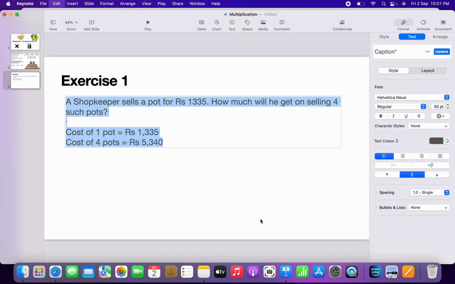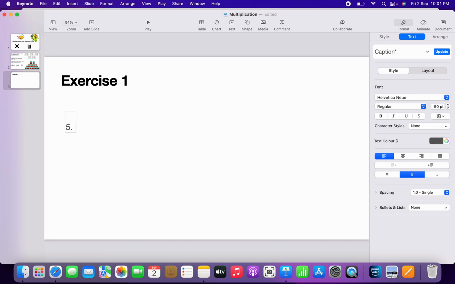Now the next question, the fifth one, right? What does it say? There are 37 students in my class. So what you need to write? Number of students in a class is equal to 37. Boys, I'm solving this from your textbook, multiplication, page number 42. Let me write the problem also so that it would be easy for you guys to understand.